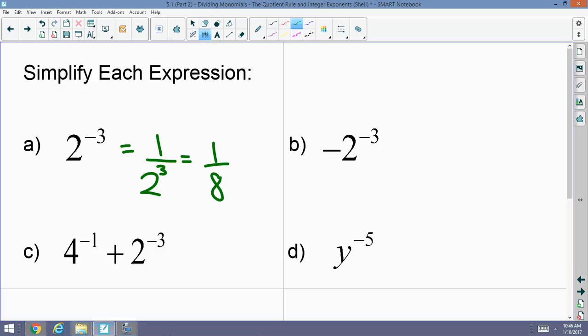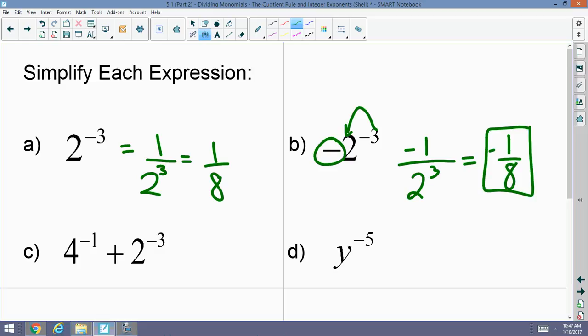Talk to me. No. The negative 3 is only affecting the 2, so this negative 1 is not being affected. So it's negative 1 over 2 cubed, which will become negative 1/8. Talk to me, guys. I thank you for your honesty and for trying. Do you see where you made your error?